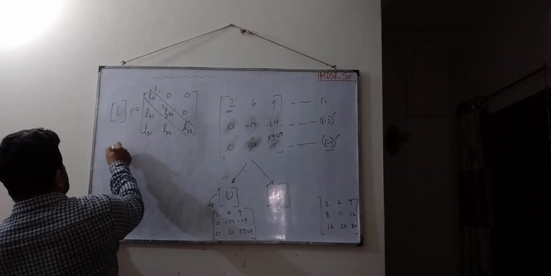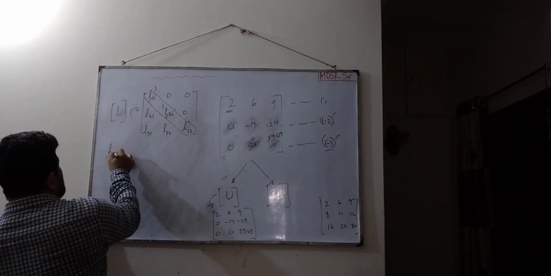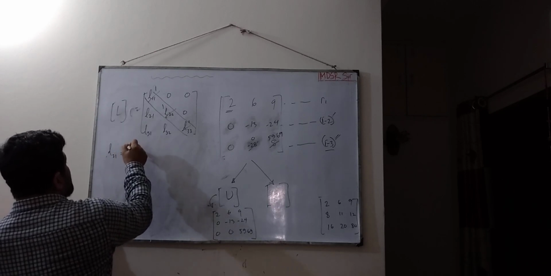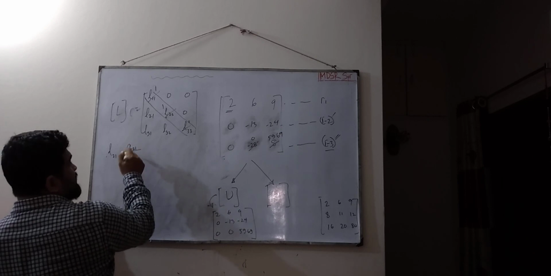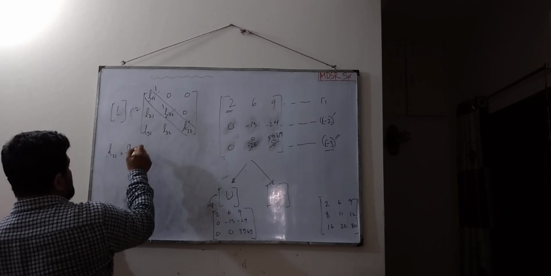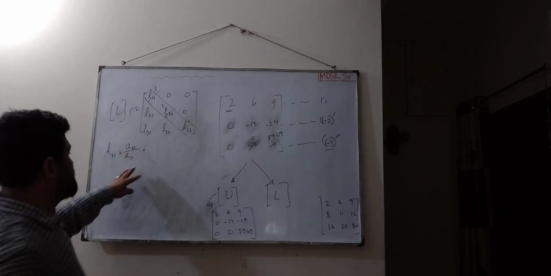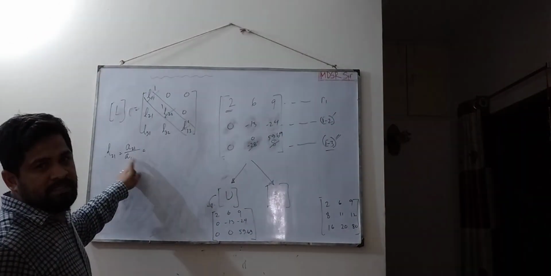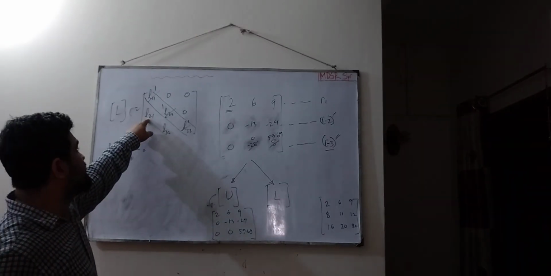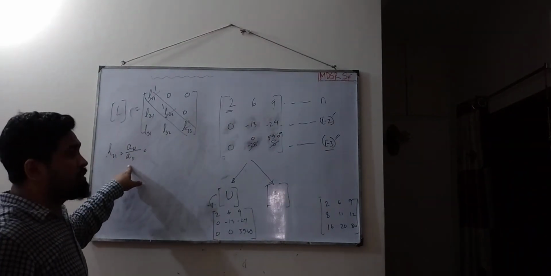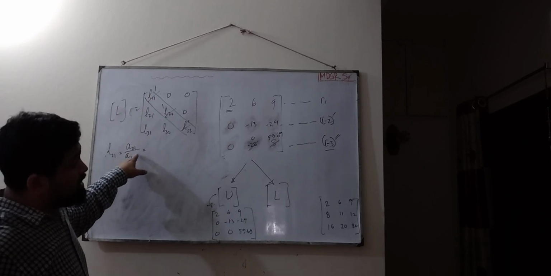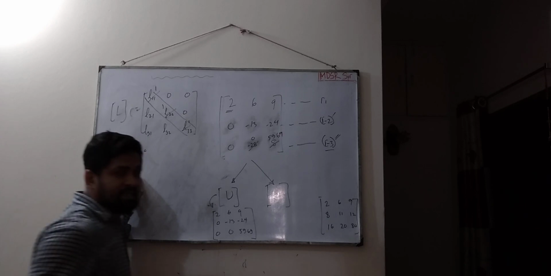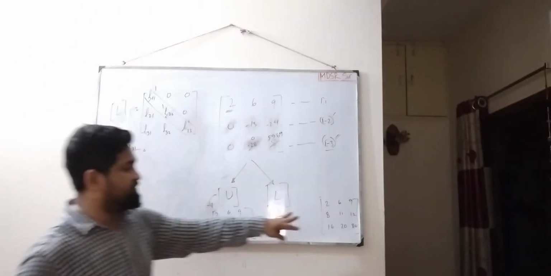What is L21? L21 is equal to A21 by A11. These are the basic rules; you have to memorize this one. A21 means the original matrix, that's the reason I kept that matrix down below.